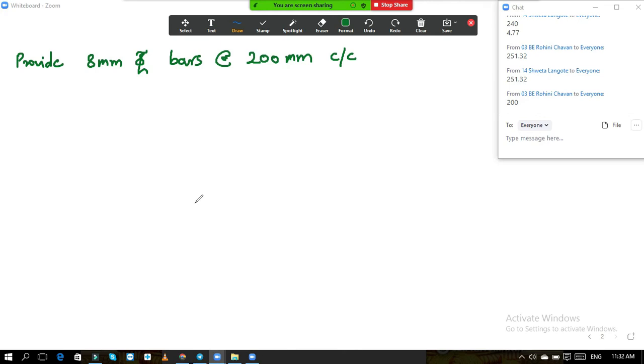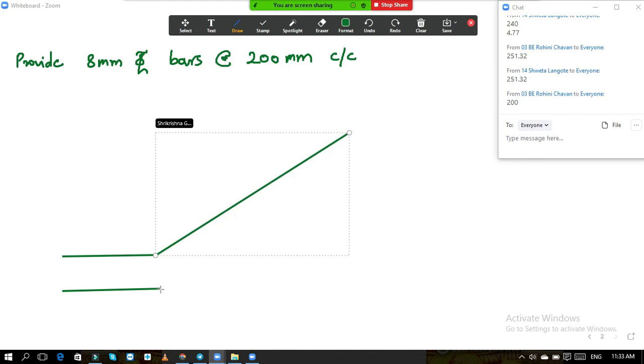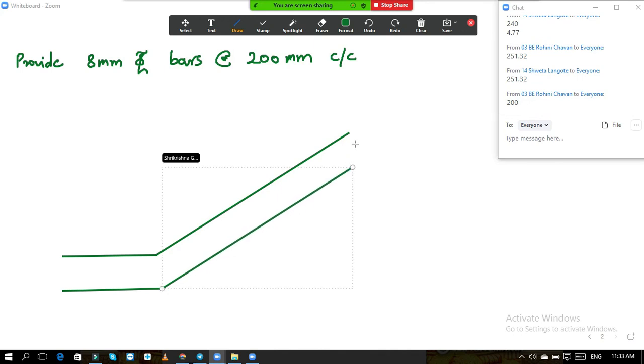Now we have worked out the main reinforcement and also the distribution reinforcement. Then it is time for the reinforcement details drawing. For that I will take from here. This is our landing at ground floor. Then this is our waist slab.